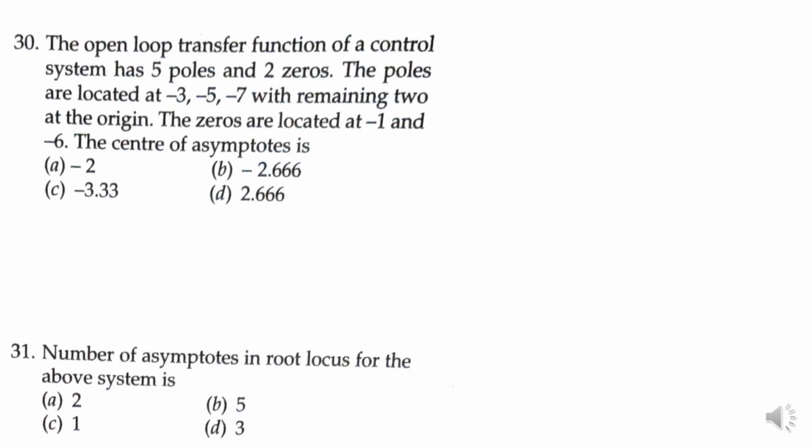Next, the open loop transfer function of a control system has 5 poles and 2 zeros. The poles are located at minus 3, minus 5, minus 7 with the remaining 2 at the origin. The zeros are located at minus 1 and minus 6. What is the center of asymptotes? It is equal to the centroid: summation of poles minus summation of zeros divided by number of poles minus number of zeros.